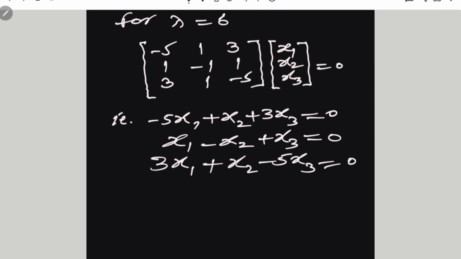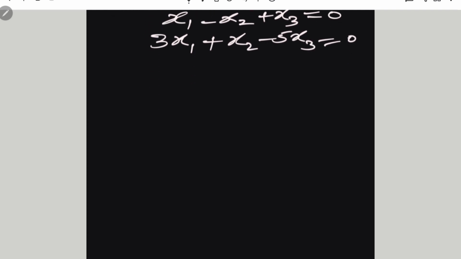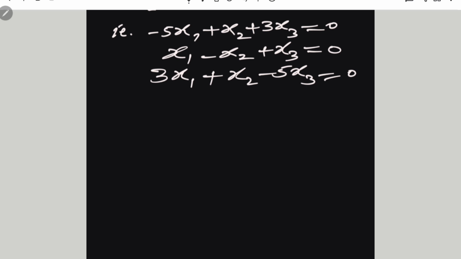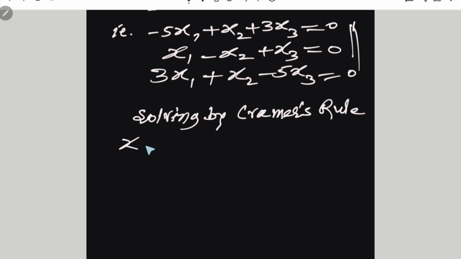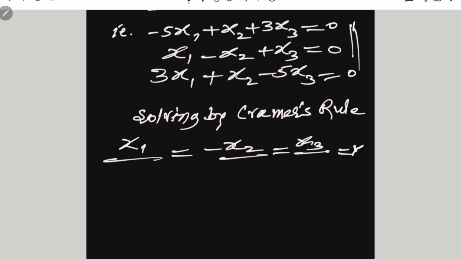Then considering any two equations, I am considering the first and second, and solving by Cramer's rule. It is x1 divided by, minus x2 divided by, x3 divided by, equals some non-zero scalar quantity k.